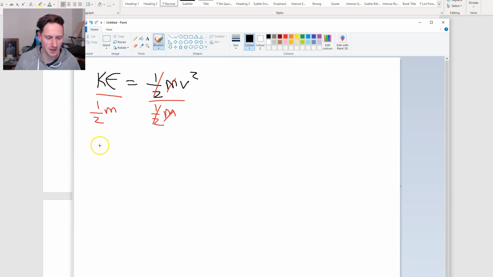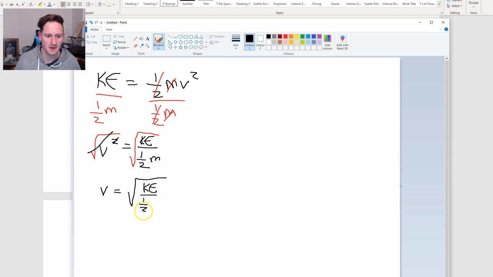Now I'm going to rewrite that because we read from left to right, so we want to have that on the left. It's the same thing. Okay, now v squared equals KE divided by half times m. How do I get v by itself? I need to do the inverse operation of squaring something. The inverse operation of squared is the square root. So if I do the square root of this and the square root of this, you can cancel because they're the inverse of each other, you end up with v equals the square root of KE over half m.